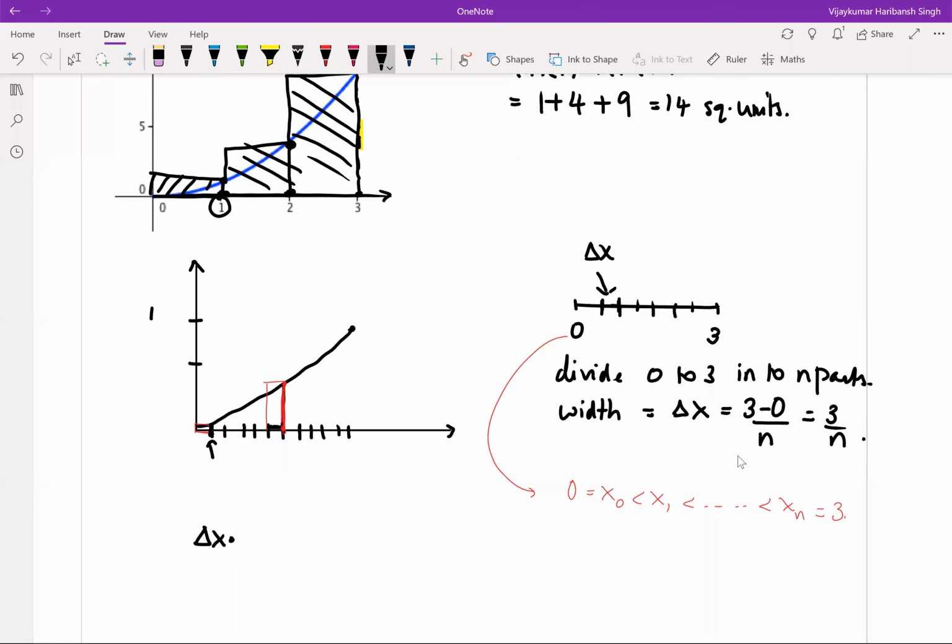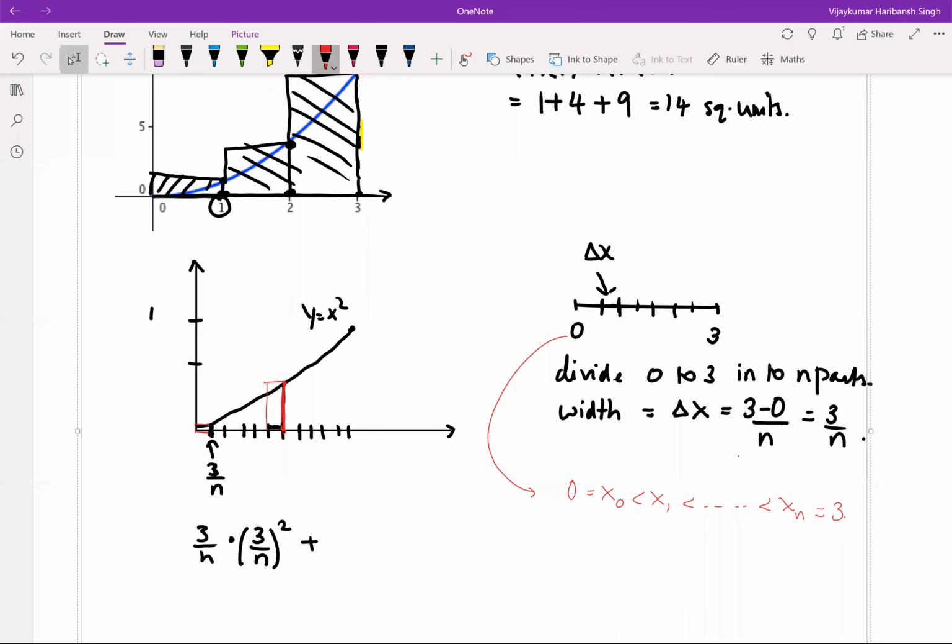The value of the function at this point. What is the first point? The first point is going to be 3 by n. So what is the height at that point? The height is going to be the value of the function, which is y equals x squared. So we get 3 by n, the whole square. Let me erase this. I know what is delta x, so let me write it as 3 by n. Now what about the next one?